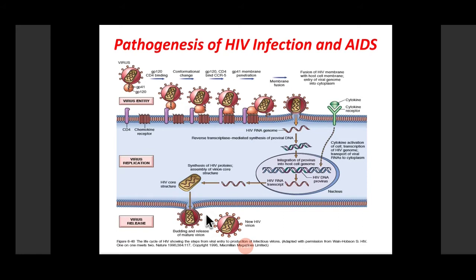Eventually the CD4 cell ruptures, which leads to loss of cell mediated immunity. Loss of CMI or loss of CD4 plus T cells leads to all the clinical signs and symptoms of HIV, because there is profound immunosuppression when the number of CD4 cells comes down.